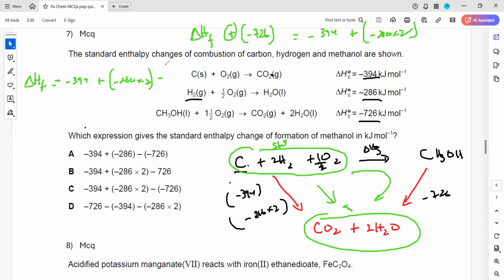Like this was plus, it will become minus, and minus 726. That is one way of doing this question. So what I will get matches with C, so C will be the right answer. That's one way.